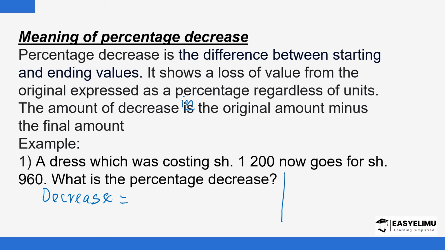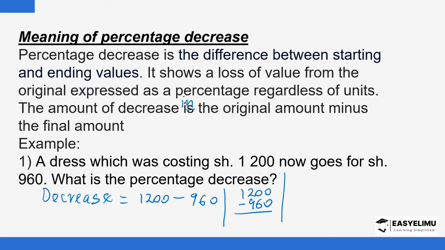The decrease in this case is going to be 1,200, which was the initial price for this commodity, minus 960. This is something we discussed previously on how to do the differences.